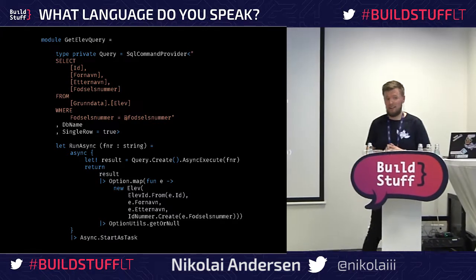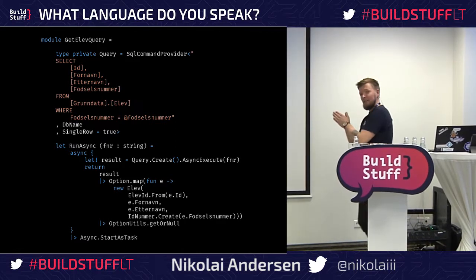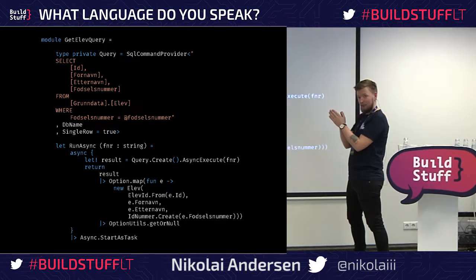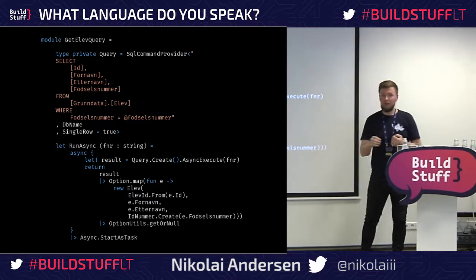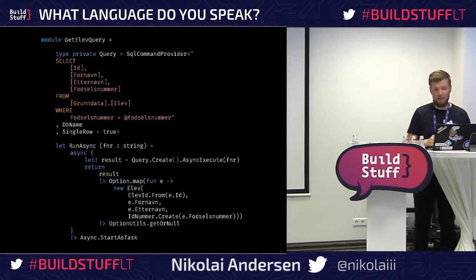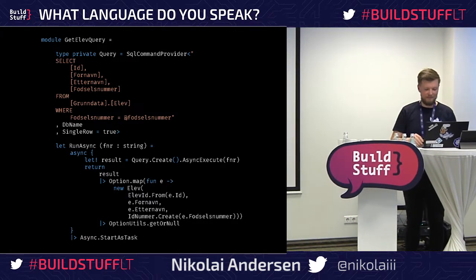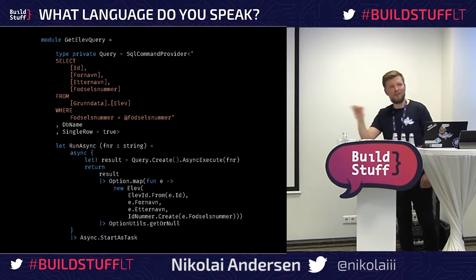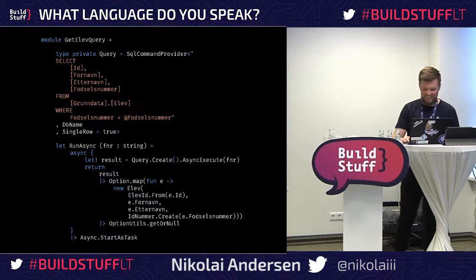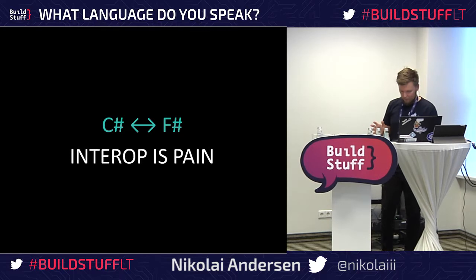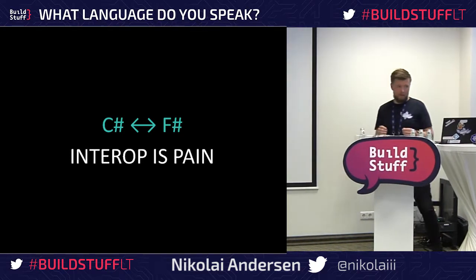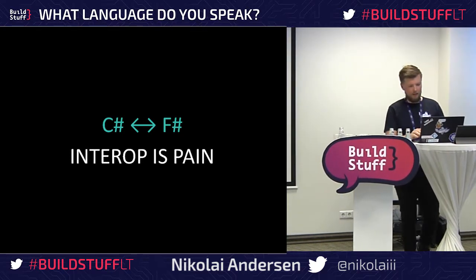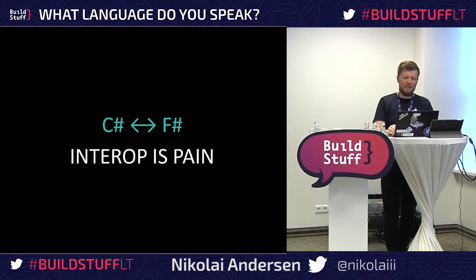I would recommend maybe F# for your data layer because of the reasons I'm going to explain, but working with C# and F# in the same solution I wouldn't recommend, other than for big valuable things. The solution, of course, is to write F# for your whole project. So C# F# interop is a bit of pain, and we learned that a bit the hard way.